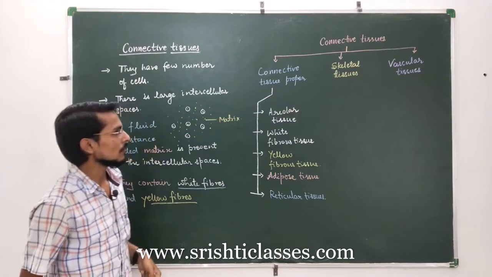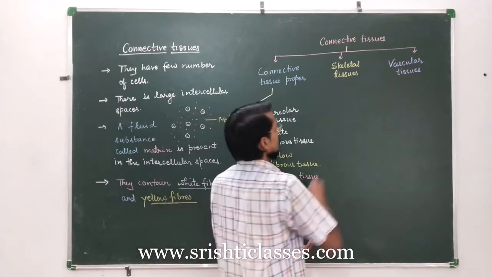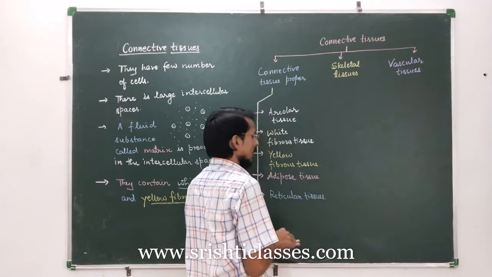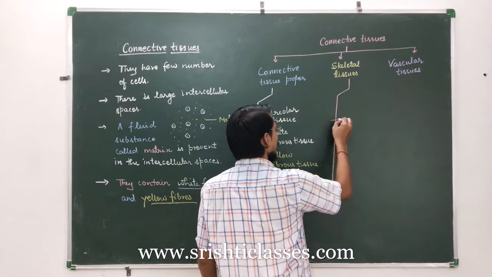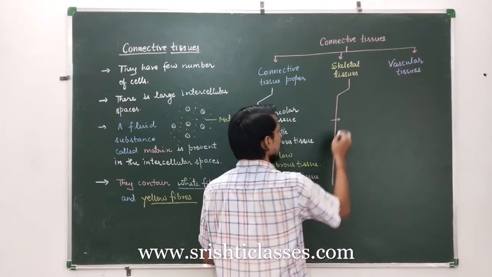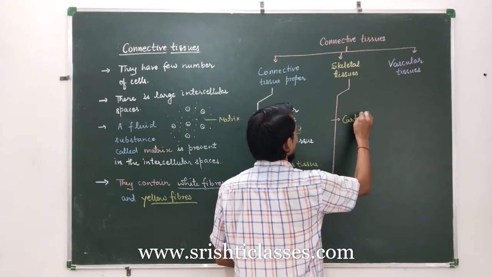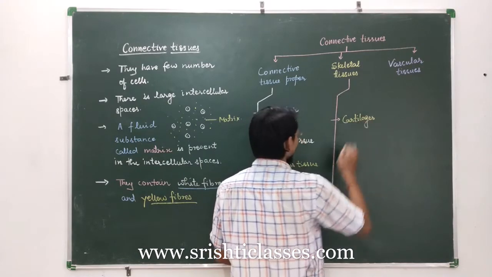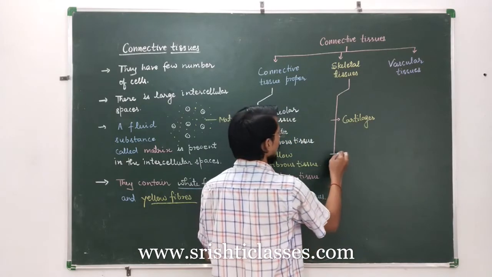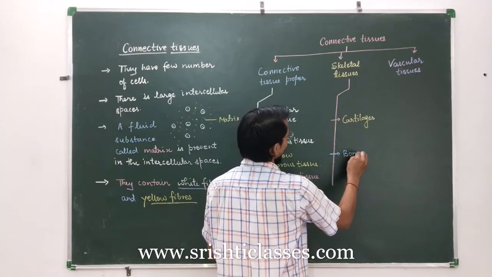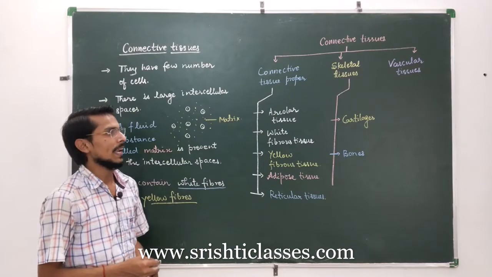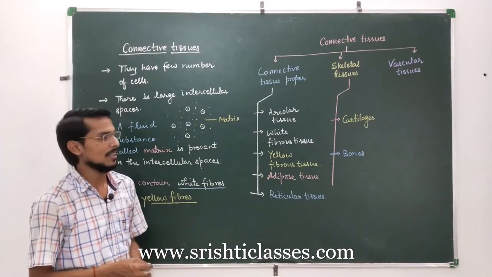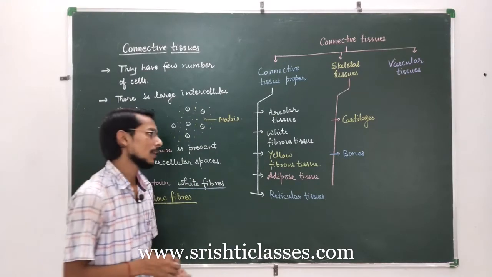Okay. Now, skeletal tissue is further divided into 2 categories. Number 1, cartilages. And number 2, bones. So there are 2 divisions of skeletal tissues.